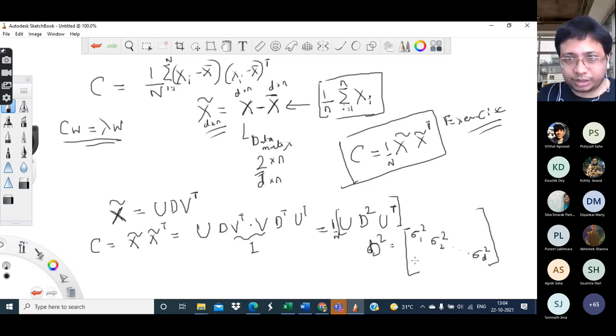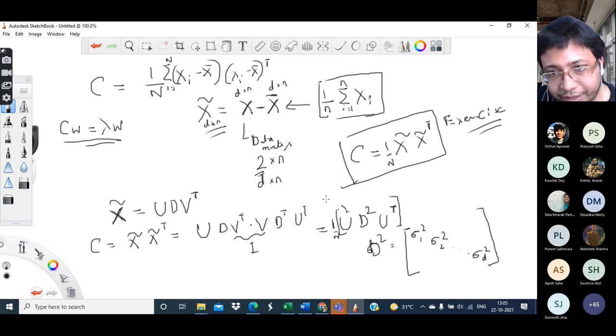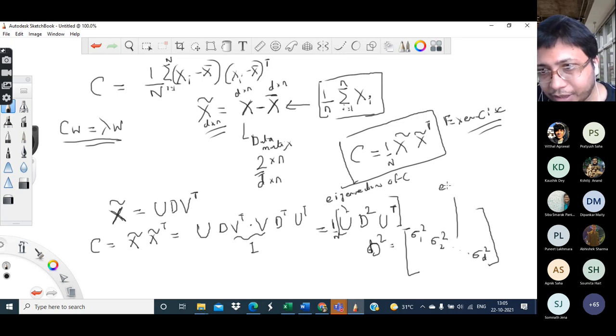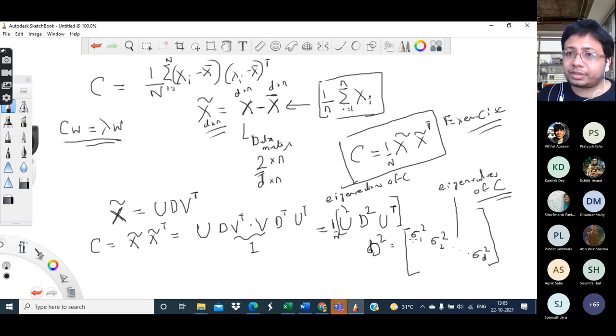It's these values which are going to be the eigenvalues of C, and these are the eigenvectors of C. But what are these sigmas?